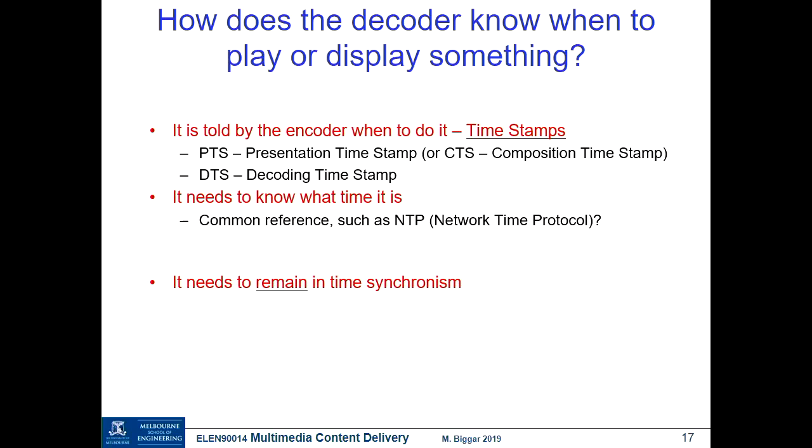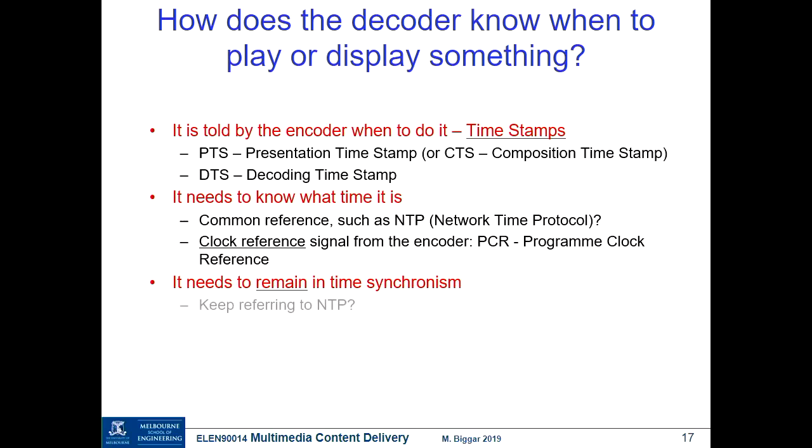So it's not going to give us the accuracy that we need to be able to say that this piece of audio needs to be synchronized to within, say, 10 milliseconds. So the alternative would be to get a clock reference signal from the encoder, so a program clock reference or something similar. We'll talk about that as well.